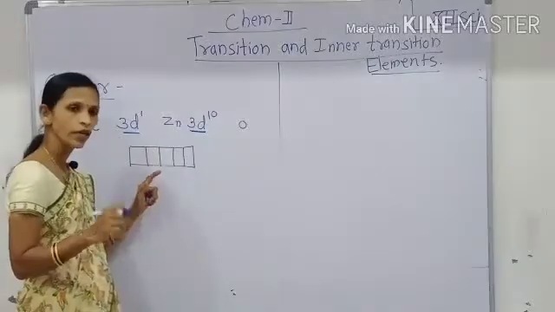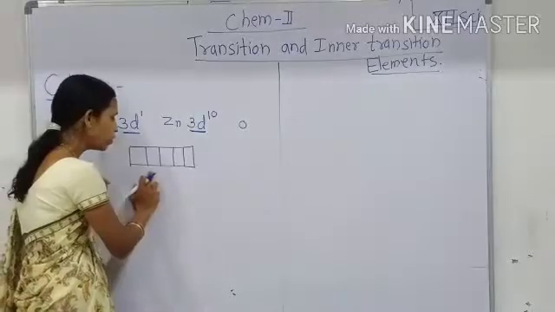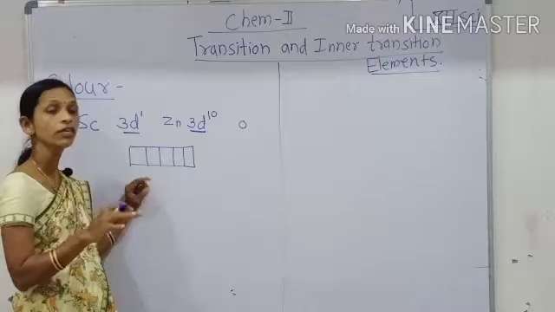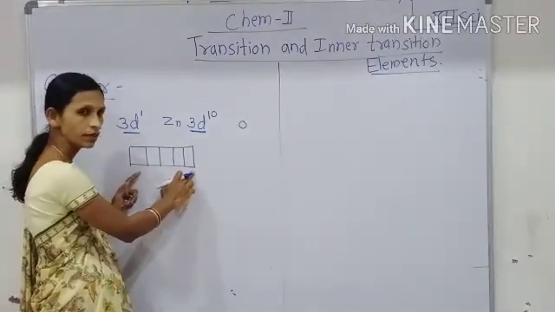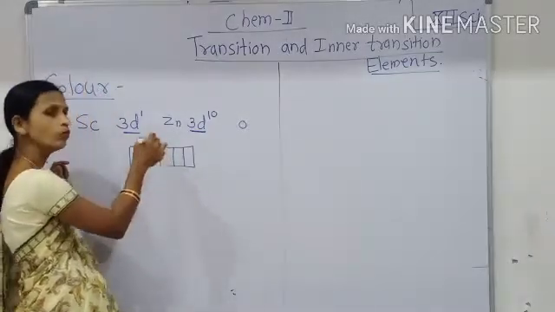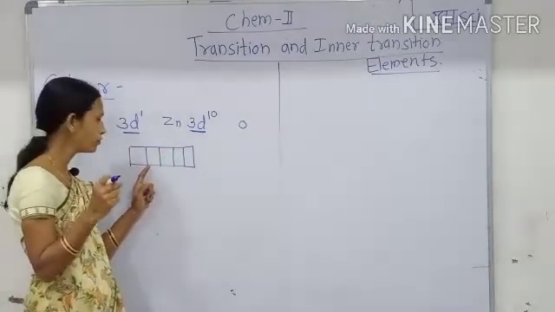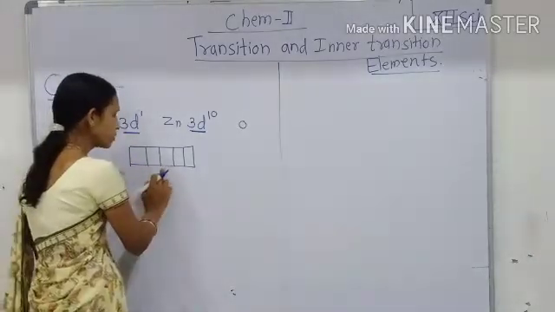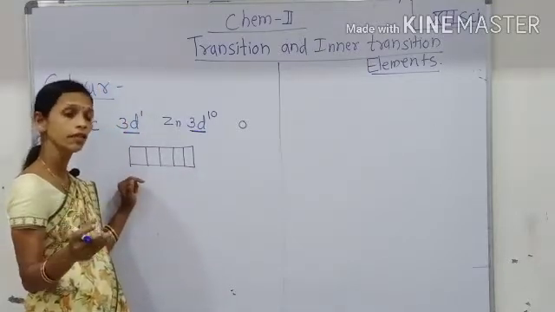But when it is in isolated or atomic form, the d orbitals are degenerate. Degenerate means having the same energy. The 3d orbitals are degenerate. When a beam of light falls on it and energy of a particular wavelength falls on it, these d orbitals lose their degeneracy.